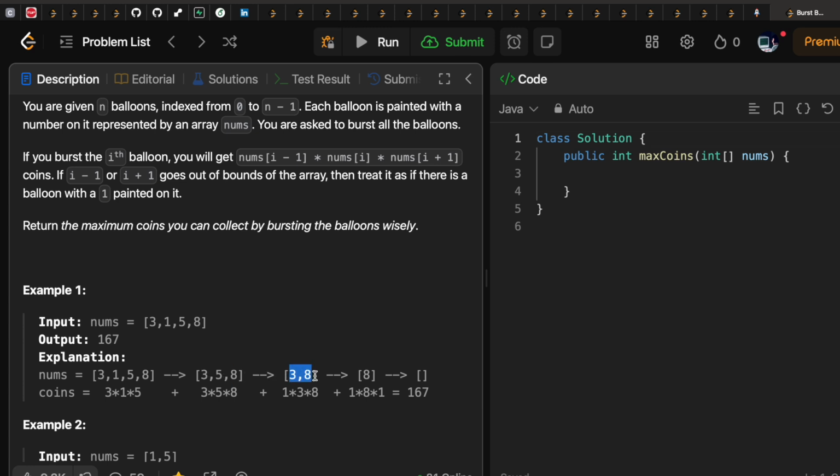Now we don't have 5. Then we are bursting 3. On the left of 3 we have nothing, so we are taking 1. Then we are bursting 8, with 1 on the left and right. So 167 is the answer, which means at last we will burst 8.